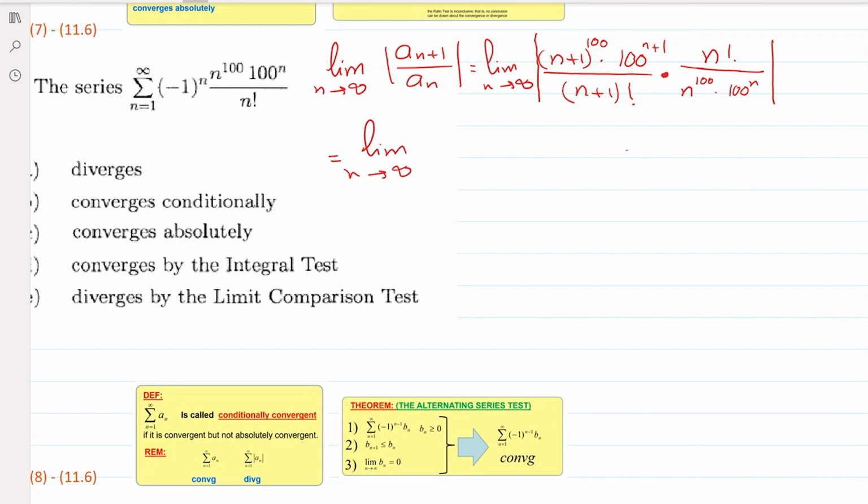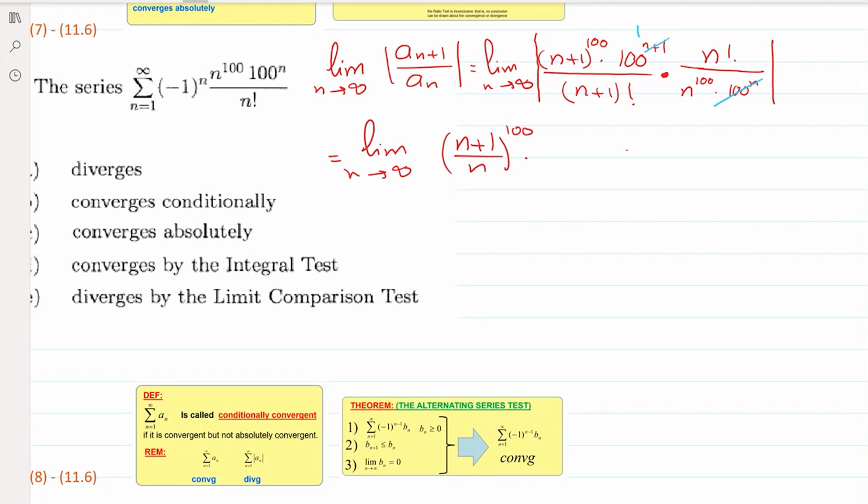How to simplify it, Yusuf? The 100 to the power n can be simplified with the 100 to the power n, so you have 100 to the power 1. Exactly. And what about n plus 1 to the power 100 over n to the power 100? You can write it as n plus 1 over n, all to the power 100.